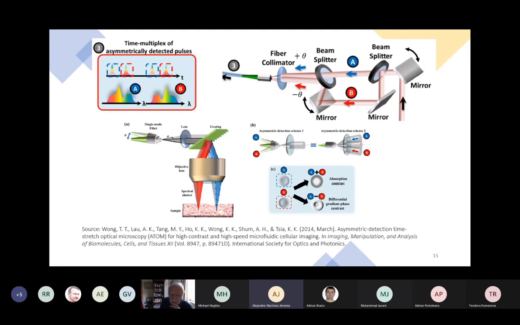In effect, it is equivalent to partially blocking the beam detection path, and thus asymmetrically capturing the light from the sample, giving rise to the 3D appearance, which is proportional to the phase gradient. In the first path they put a plus theta angle, and in the multiplexed path they add a minus theta angle to go into the fiber. So it has two phase contrast differences into the fiber.